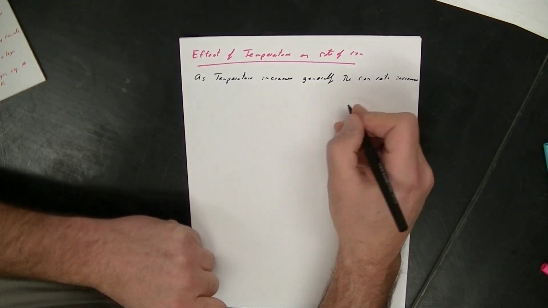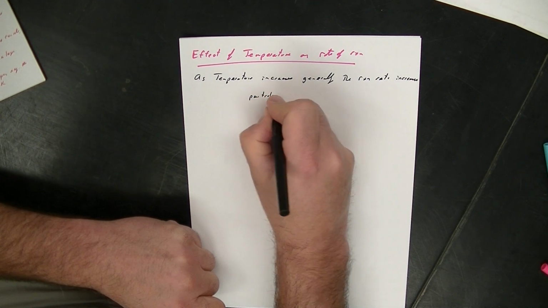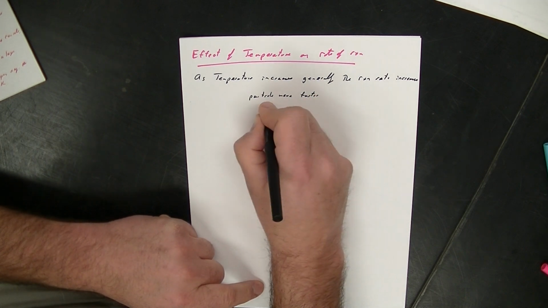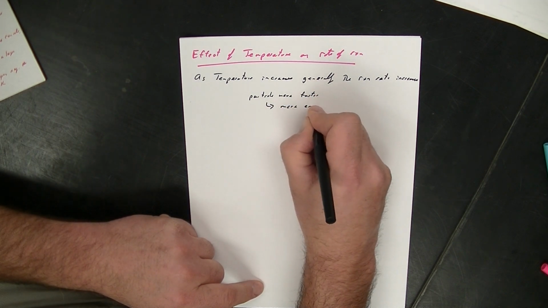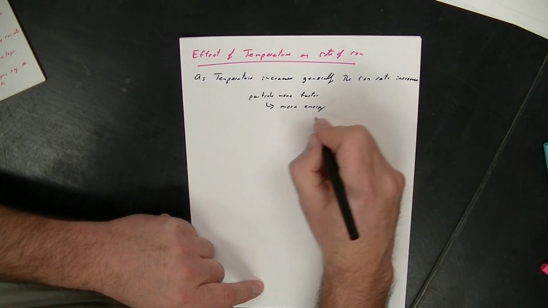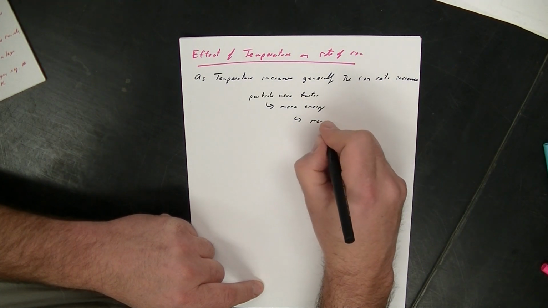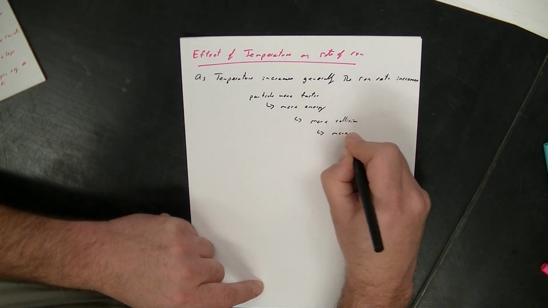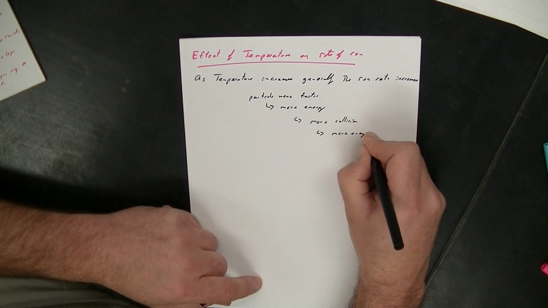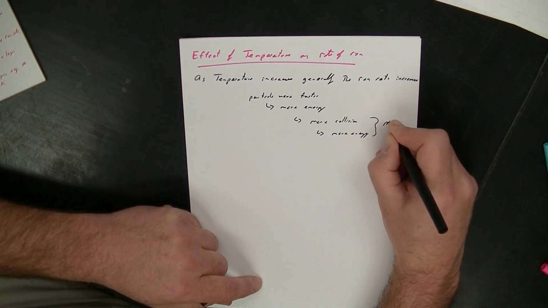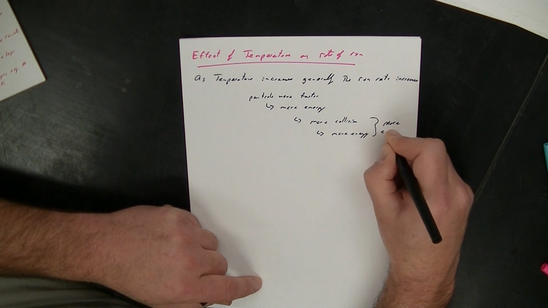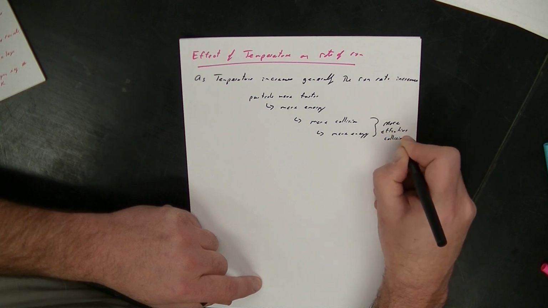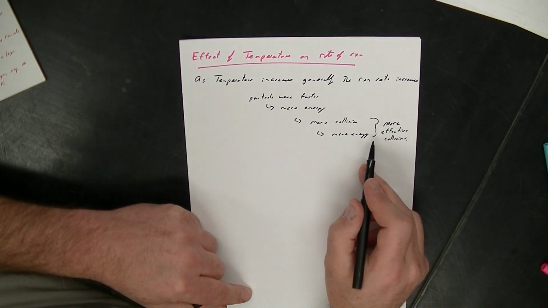The particles move faster. They have more energy. Because of this, there are more collisions, and they have more energy, so we have more effective collisions. In general, we know this is true.